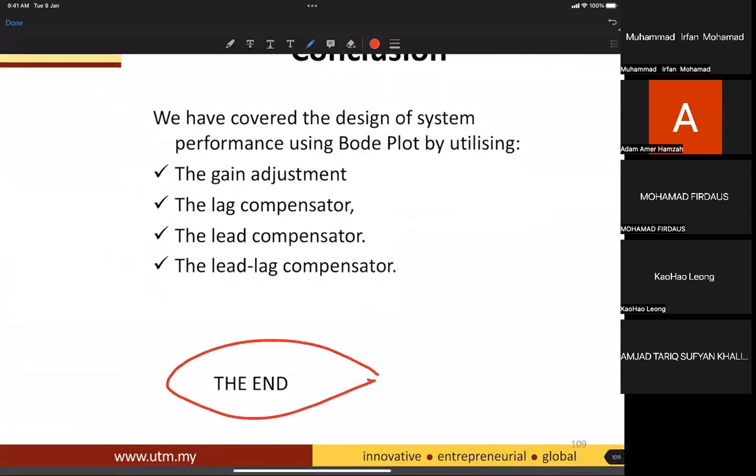The end. So the lecture finishes here. After this, we will review again the test question from last week. Then on Wednesday, maybe we discuss final exam samples.